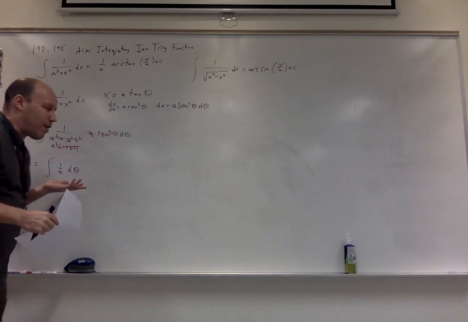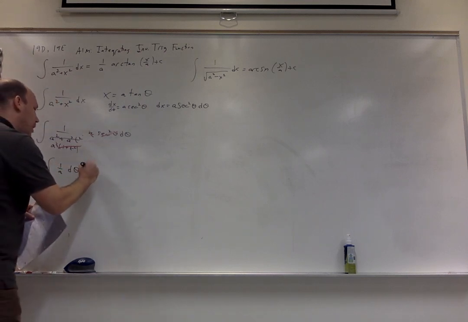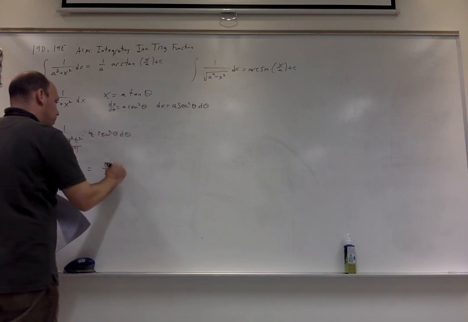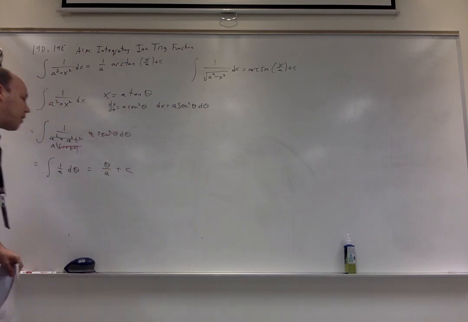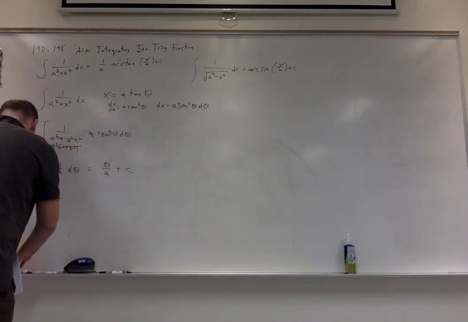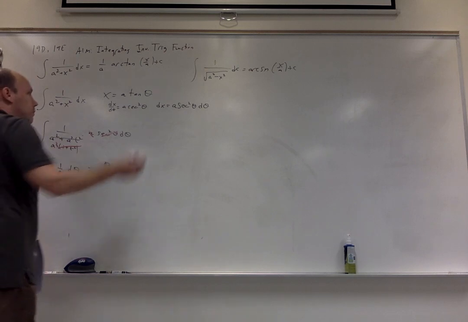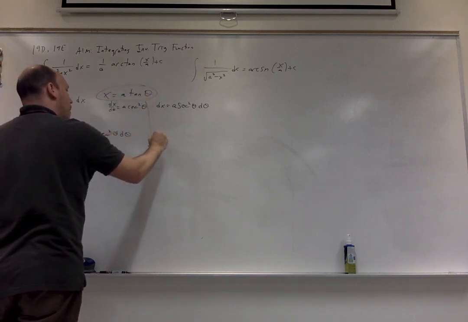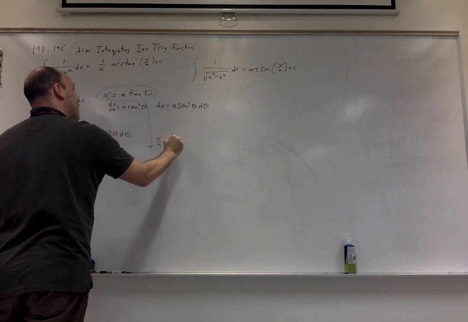Okay, well there's nothing there. It's technically like a 1. So we know the answer is theta over a plus c. And we know that we want to come back into the world of x. So we go back up here. And we know that x over a equals tan theta.